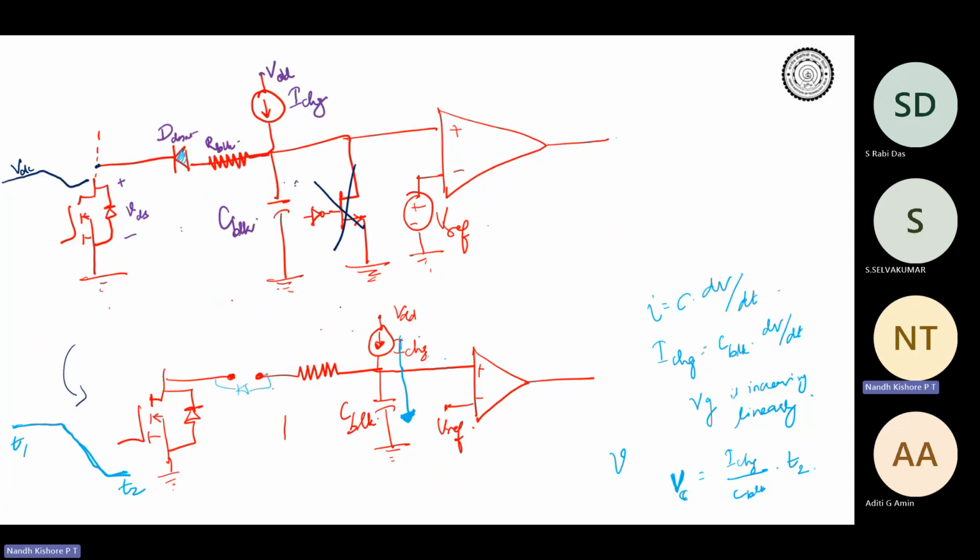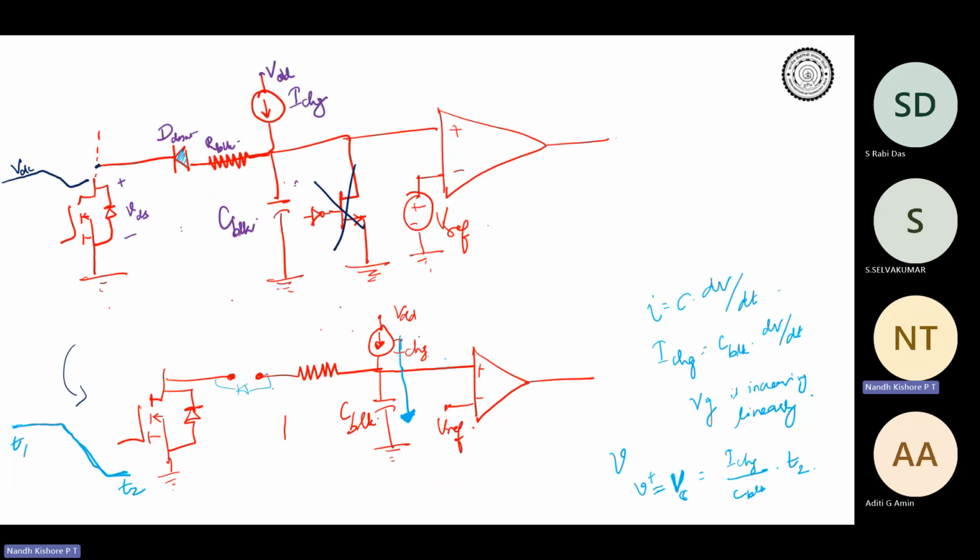Okay. Then at that point, the voltage would get clamped to whatever is the voltage that we saw earlier. Did you understand this so far? So the CBLK is kind of a mechanism that allows the voltage to increase during this period. Okay, so VC is equal to V plus as well. Okay, fine. So now this is the voltage that appears at the plus terminal of the op amp or the comparator.